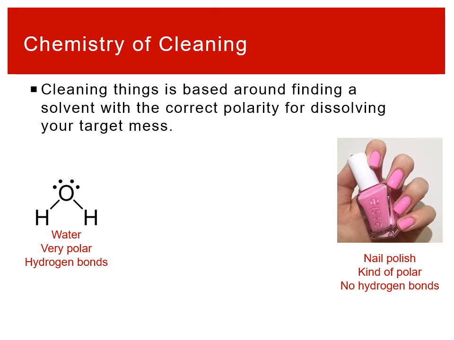Water is very polar and it forms hydrogen bonds, so it's going to tend to dissolve things that are also very polar, especially solutes that can form hydrogen bonds. Something you may want to clean would be, for example, nail polish. The molecules that make up nail polish are kind of polar and do not form any hydrogen bonds.